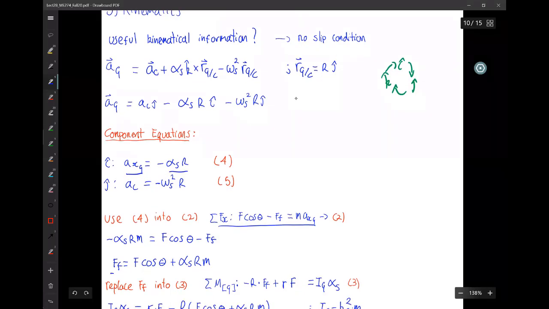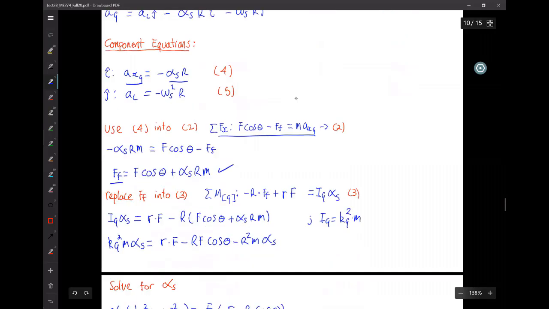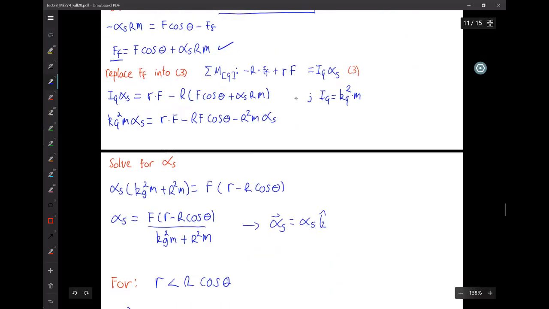We find the friction force, and this is very important. The friction is not dictated by this slip model, by slipping or sliding. It's given by the moments equation. Look at that. Okay, we have to do a little bit more algebra, but then we get this equation over here.